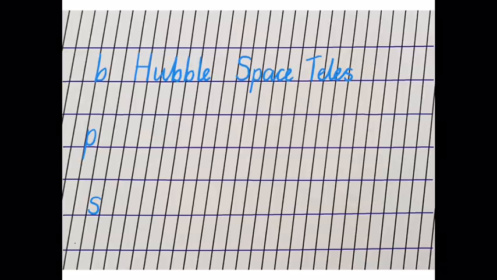S doesn't join. Lift your pen, move on to the C. P doesn't join, finish off with the E. You might be able to fit that in again on your line.